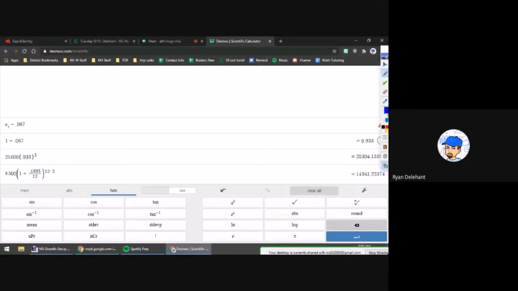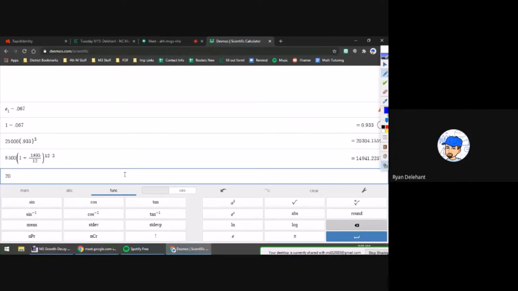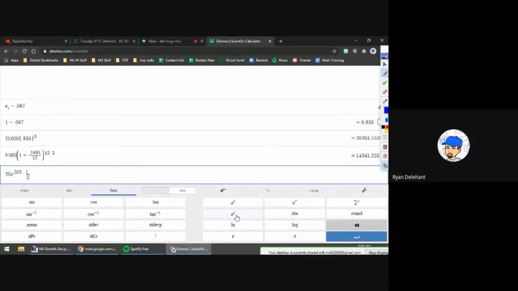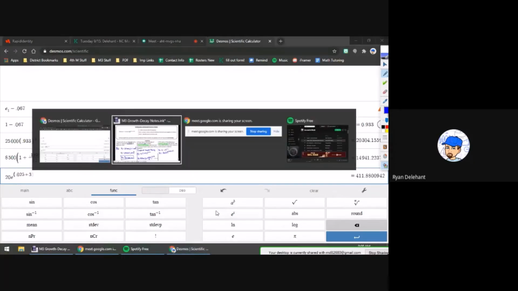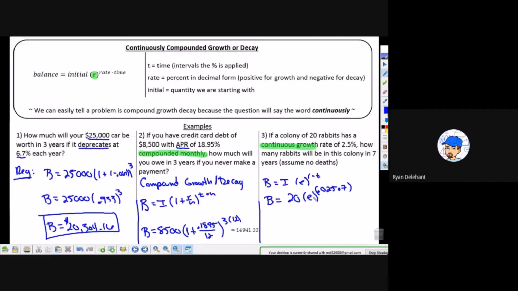So we had 20. And now you're going to use the function key here. And it was 0.025 times, and there it is, doing it again. So let's see, in Desmos, I think if you put that in parentheses, it's going to be a good idea. Was it 3 again? 7.